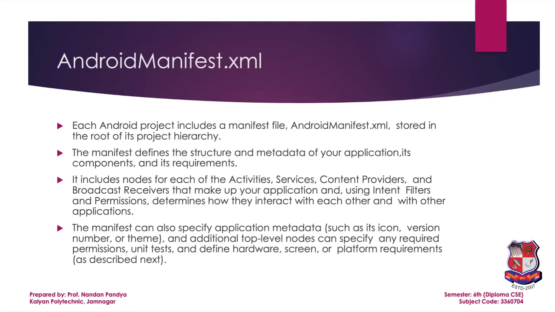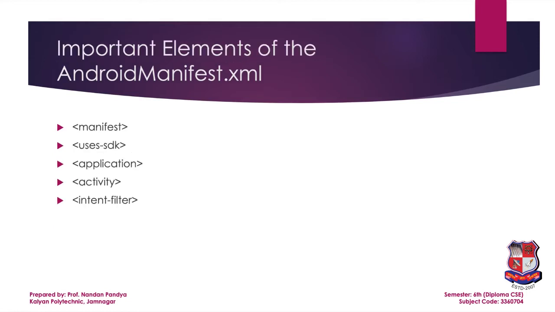This file includes nodes for each of the activities, services, content providers, and broadcast receivers that make up the application, and using intent filters and permissions it determines how they coordinate with each other and other applications.